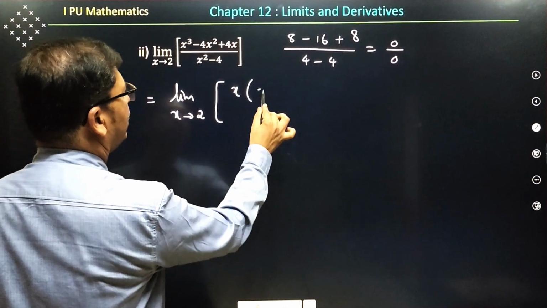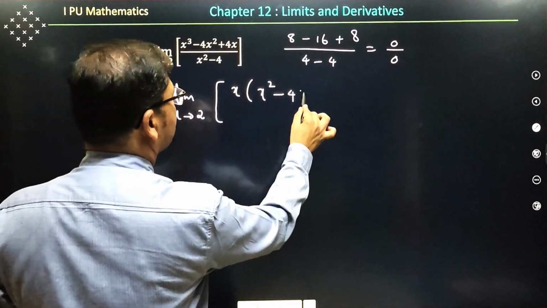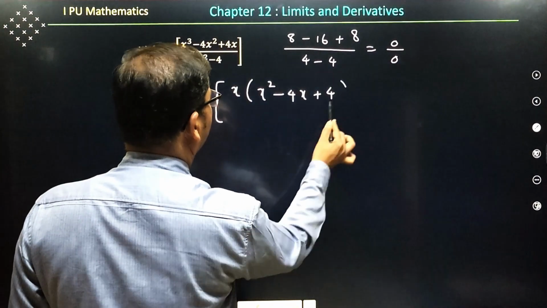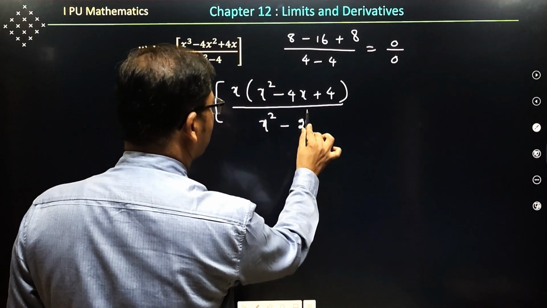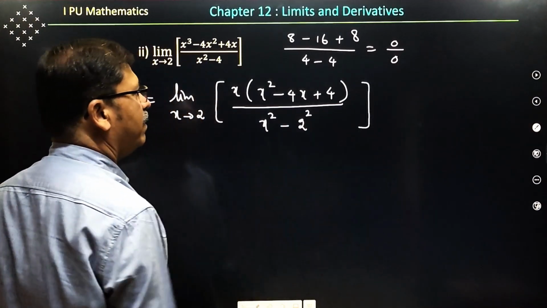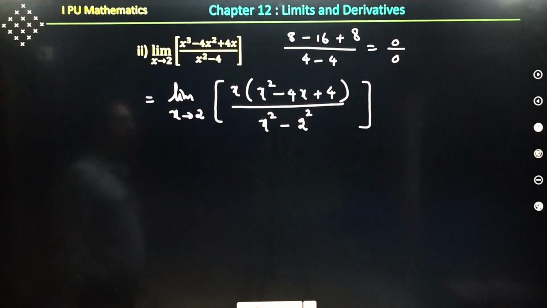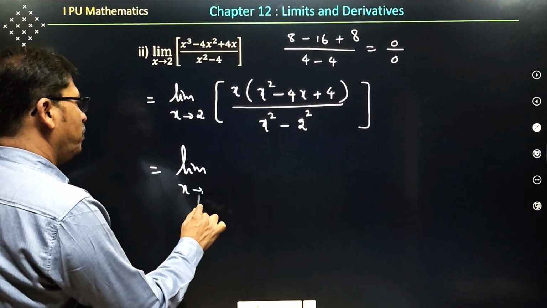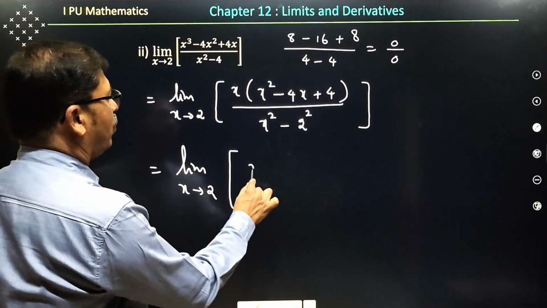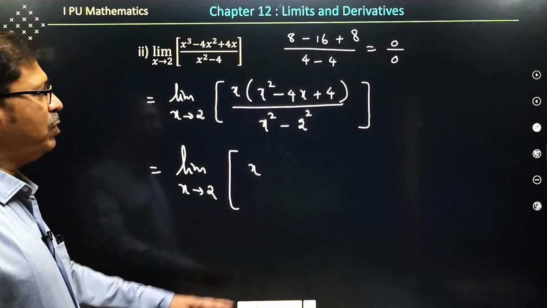If you take x common, it becomes x square minus 4x plus 4, whole divided by x square minus 4, which can be written as x square minus 2 square. If you observe the numerator, limit x tends to 2, you write as it is. Can anybody visualize what x square minus 4x plus 4 is?